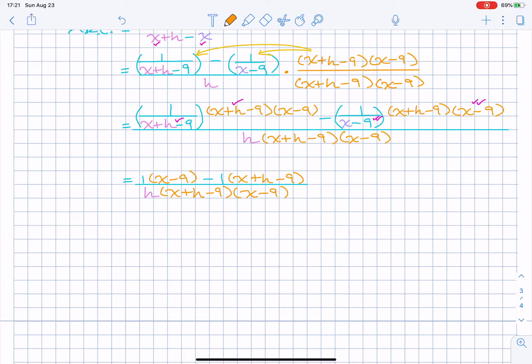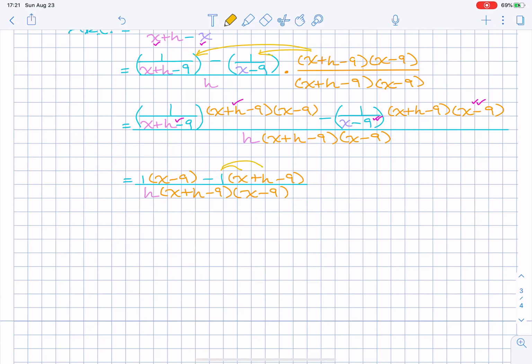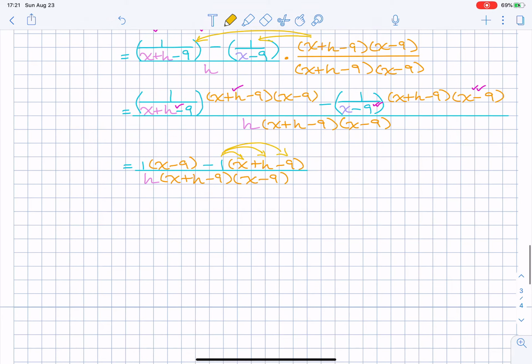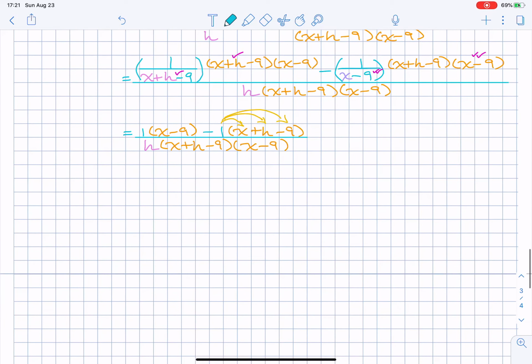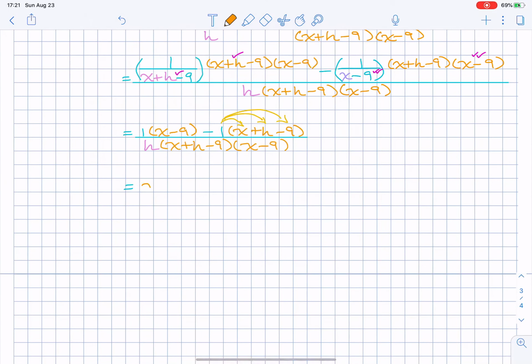Notice now I no longer have fractions within fractions. So let me go ahead and distribute this negative 1 inside here. So each term will now be negative. So what I'll have in the numerator now will be x minus 9.